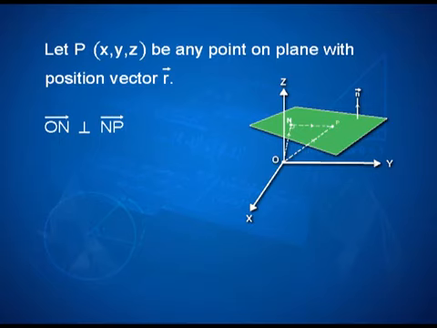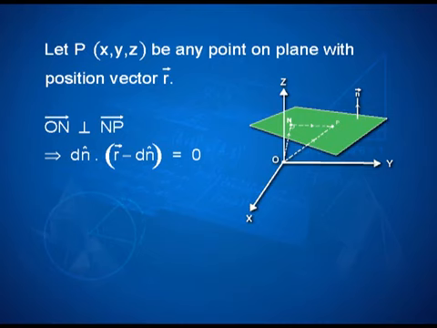If I take P to be any point on this plane with position vector r, then I know that the vector ON, which is perpendicular to the plane, will also be perpendicular to the vector NP that is contained in the plane. And therefore, the dot product of these two vectors equal to 0 must be satisfied.